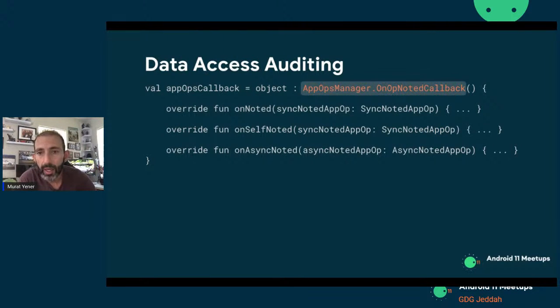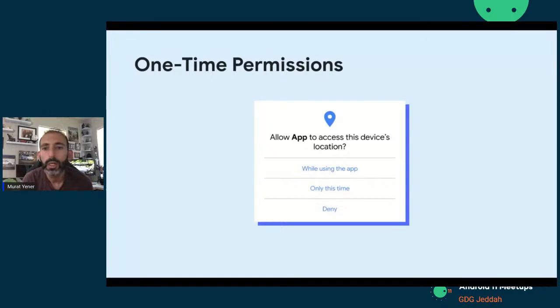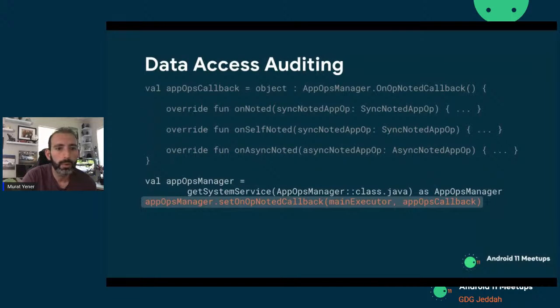To use this, you need to create a callback using AppOps Manager OnOpNotedCallback, and then add this callback to AppOps Manager. And when an access occurs, your callback will be called.